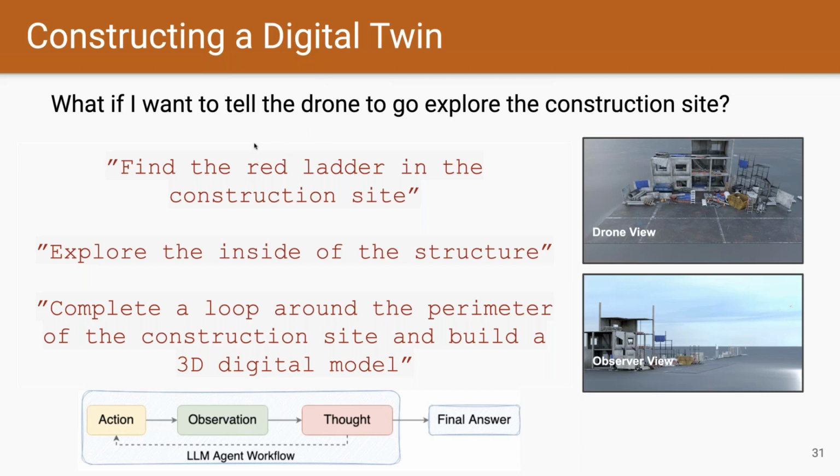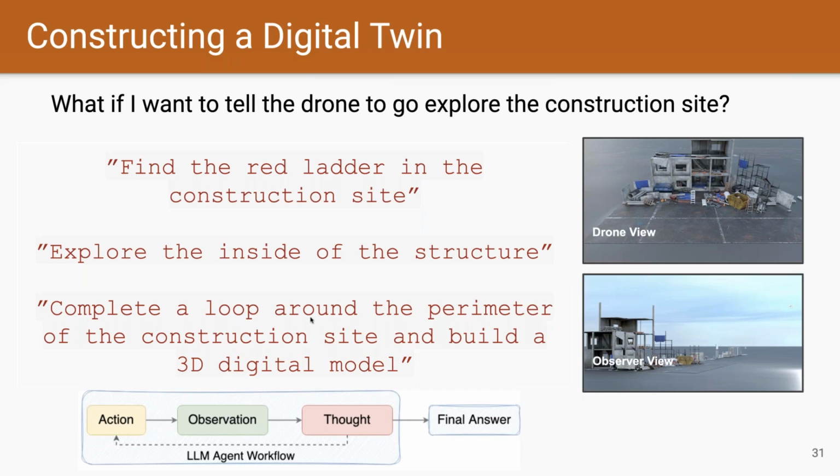So we want to be able to just say at a construction site, find me the red ladder. In this case, the red ladder is here and also on the third floor. Or explore inside the structure. And you can even ask more complicated things, like: here's the construction site, go build a digital twin and compare it against the BIM model, which is a building information model, and see whether the construction sequence is ahead or behind schedule.